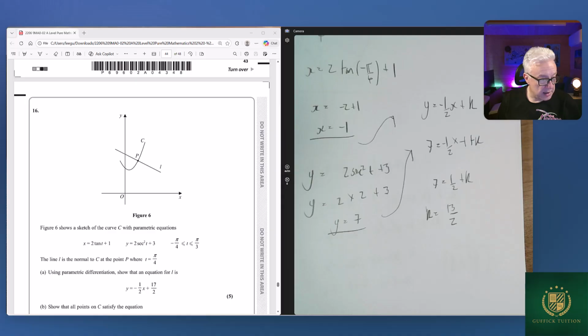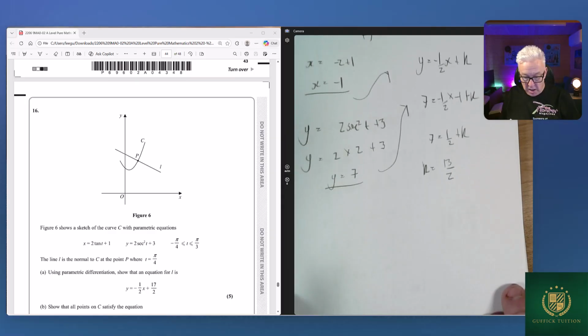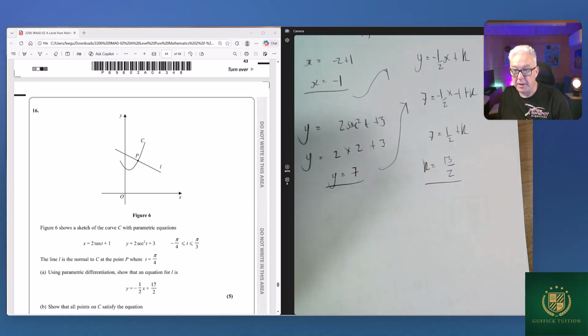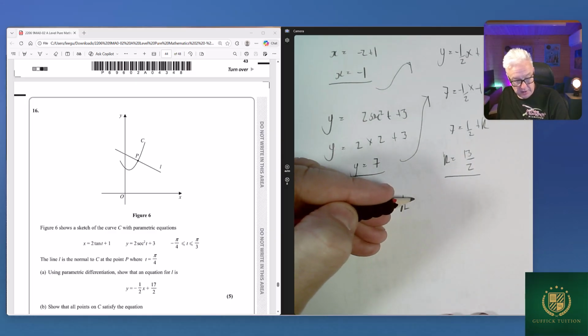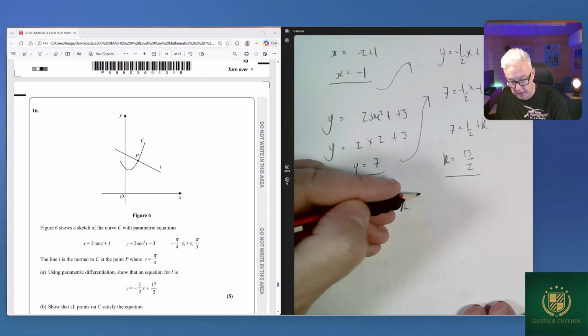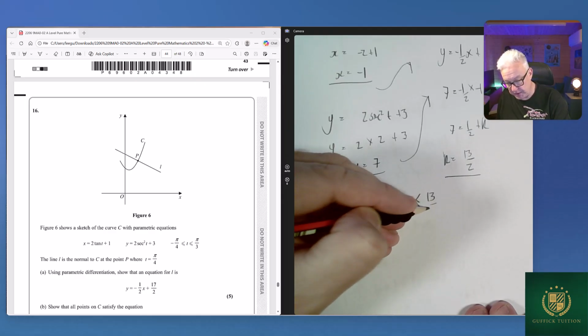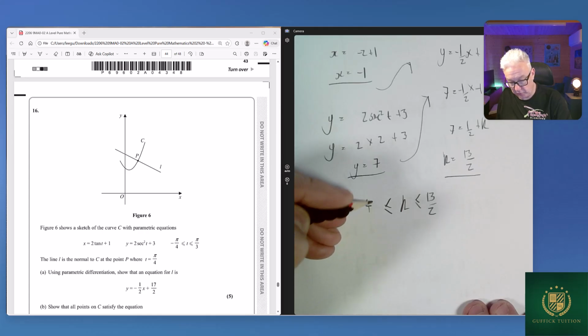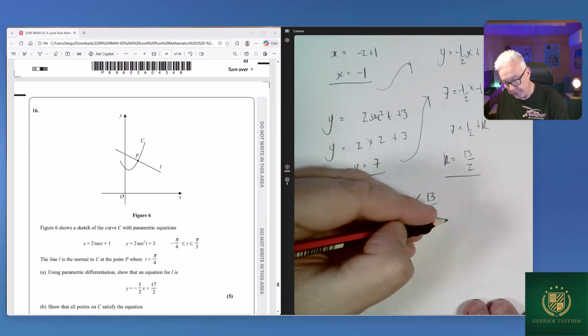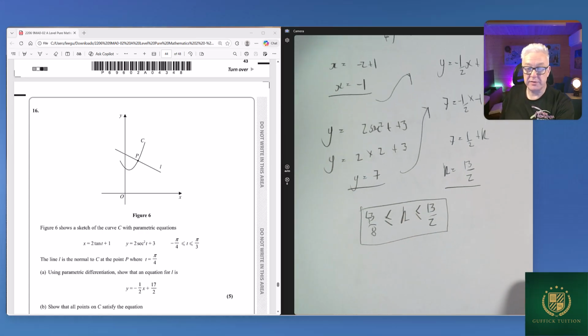Yes, k is equal to 13/2, that's correct. So that means our range of values of the constant k is that k needs to be less than or equal to 13/2, but greater than or equal to 43/8. And that is our range of values of k.